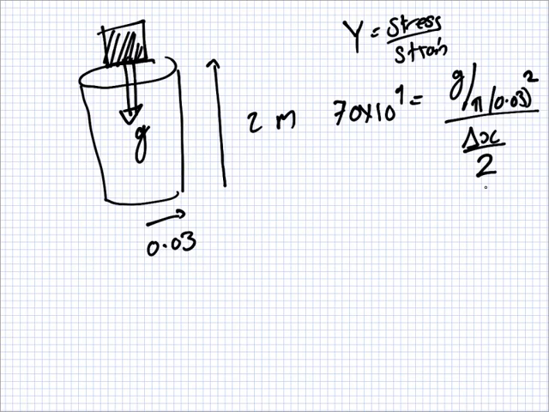Is the radius 0.03 or the diameter? The radius. Okay. Right, so you can solve this to get the x.